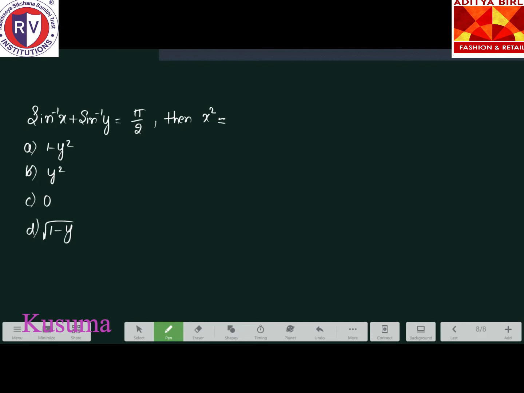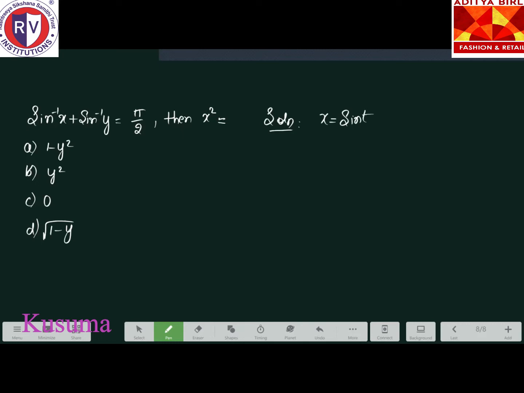We need the value of x square. When we get the value of x, we can obviously find out the value of x square. So what we'll do here is, let us put x is equal to sine t. I'm substituting x is equal to sine t here.